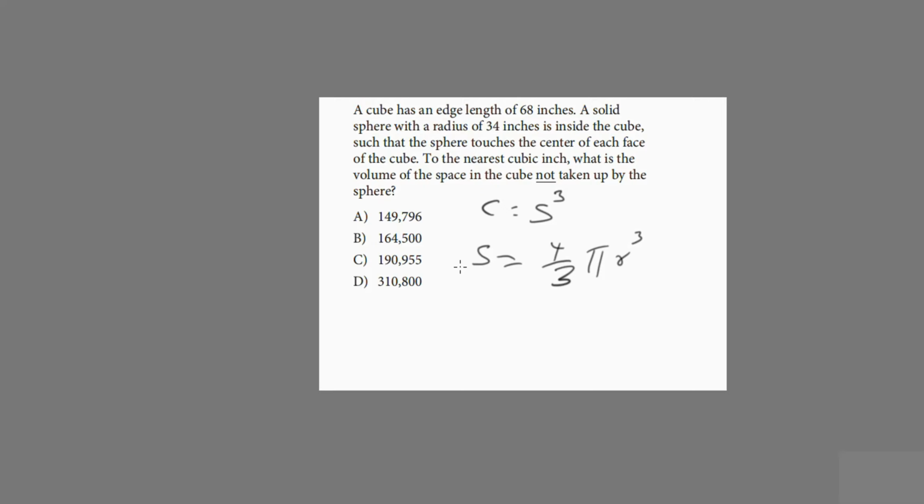Now, we ask what is the volume of the space in the cube not taken up by the sphere. To get that, we're going to subtract the volume of the sphere from the volume of the cube. The cube has an edge length of 68 inches, so the volume of the cube will be 68 cubed, minus the volume of a sphere, 4/3 pi.